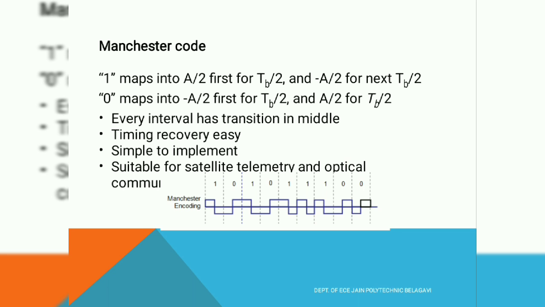In a similar way here, symbol 1 maps to plus A by 2 for the first TB by 2 half duration of the pulse, and then to minus A by 2 for the next half duration of the pulse. Similarly, 0 maps to minus A by 2 for the first half duration, and then plus A by 2 for the other half duration.